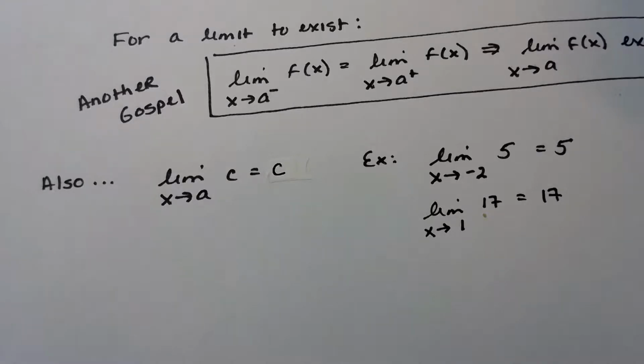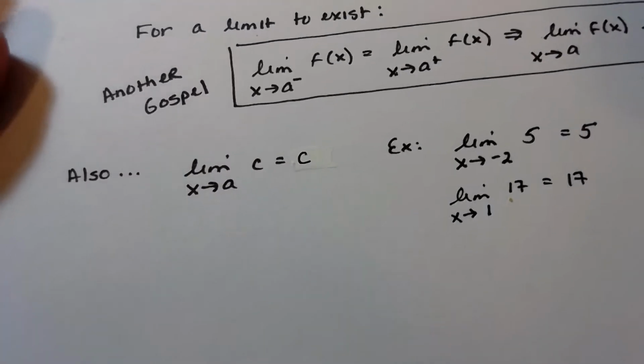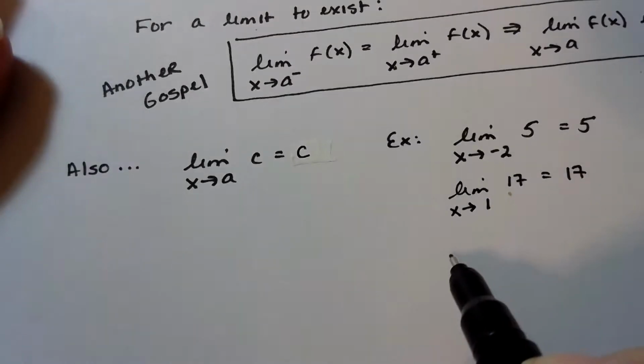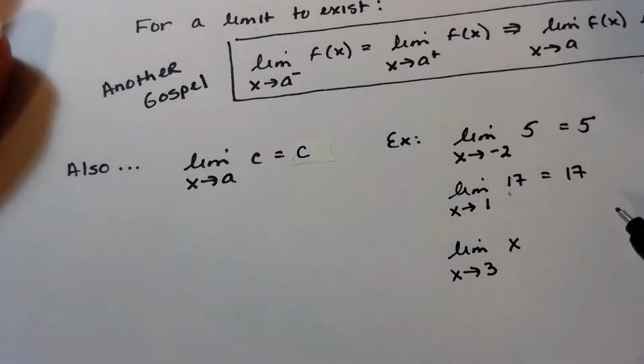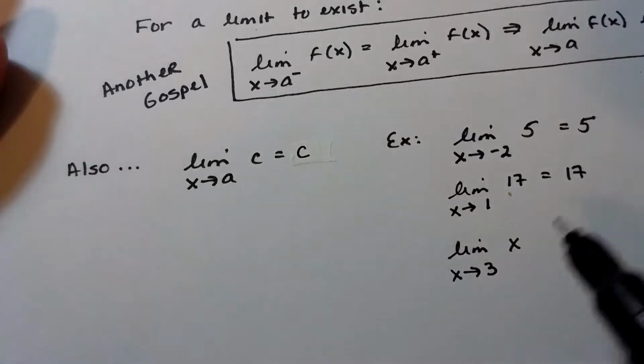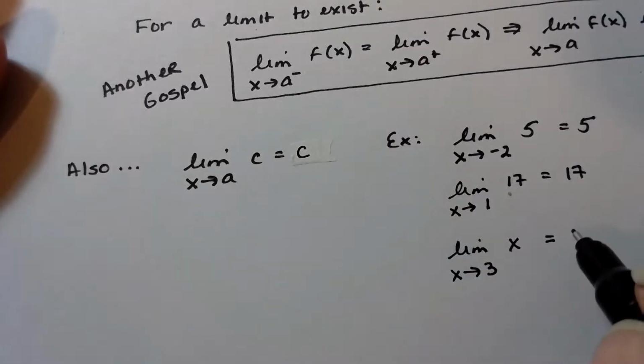Okay? And there's one other special thing too. If I have something like the limit as x approaches 3 of x, well, my function is x. Well, the answer is going to be 3.